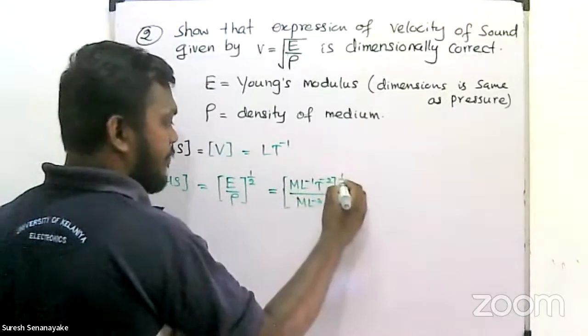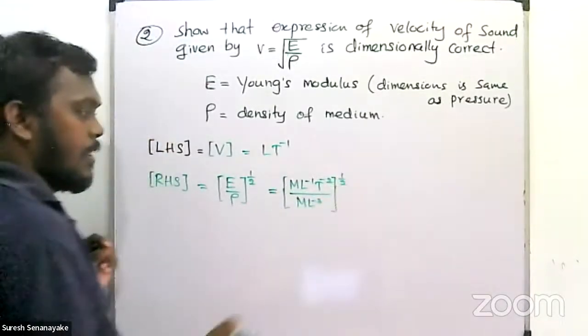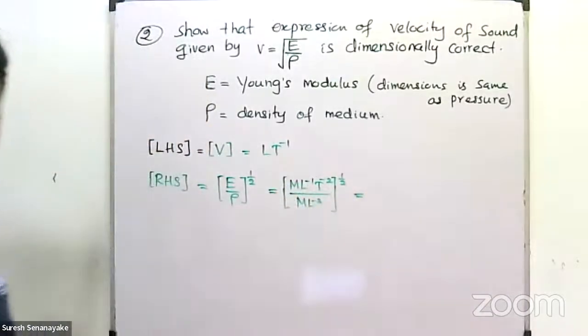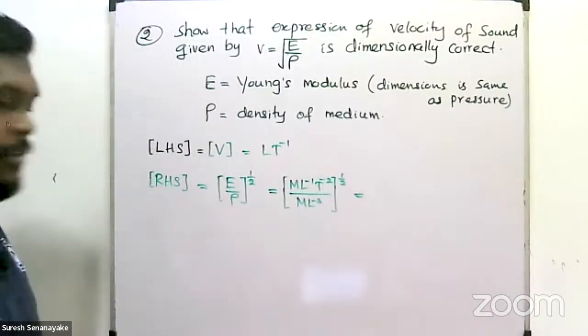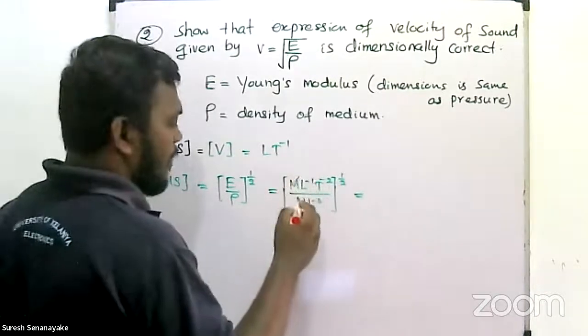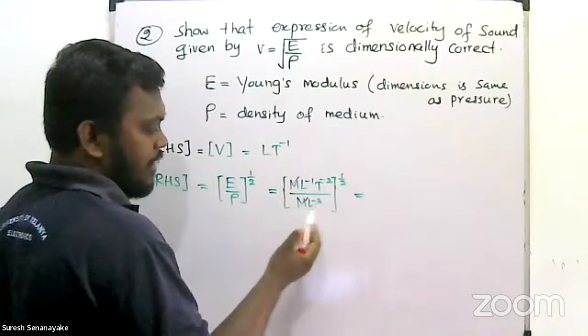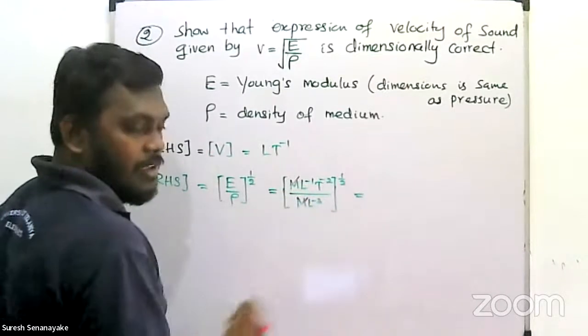And the half power of that. By simplifying, M and M cancel. L minus 1 and minus 3 give L squared, and T to the power minus 2.